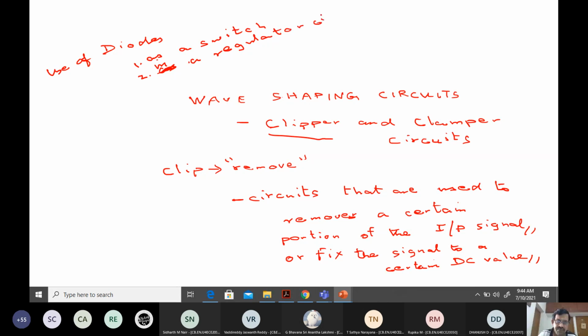Now another example is the wave shaping circuits. Okay, with this introduction, let us straight away go to the topic.